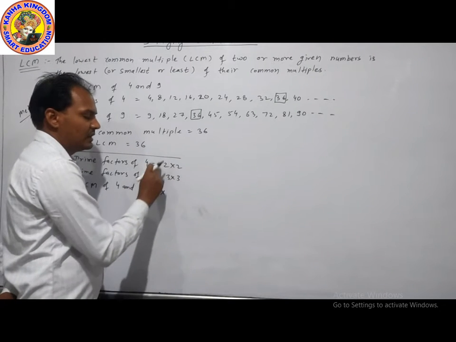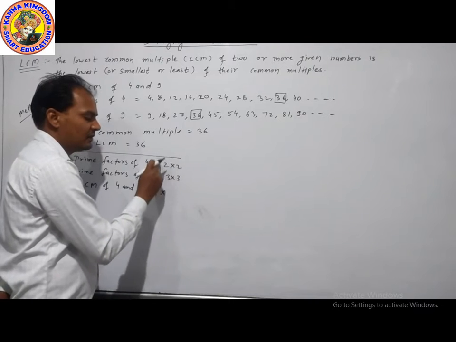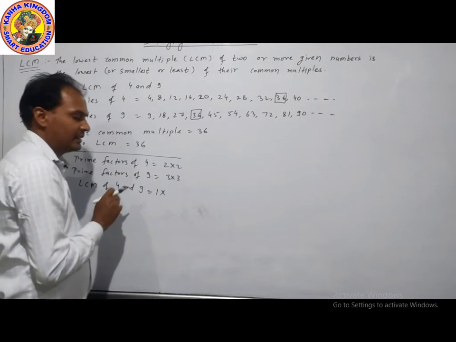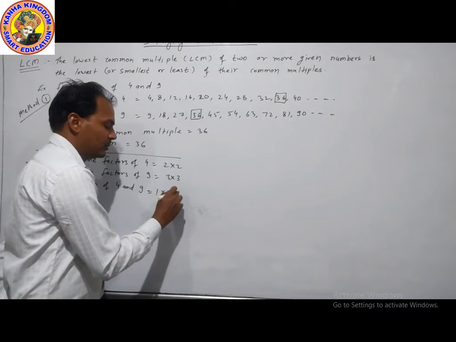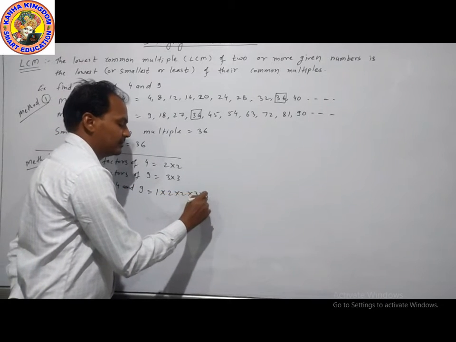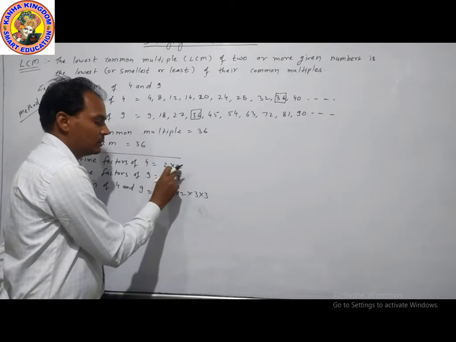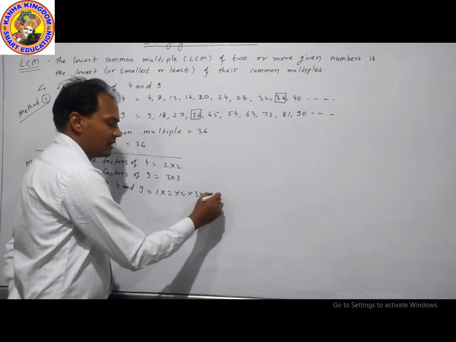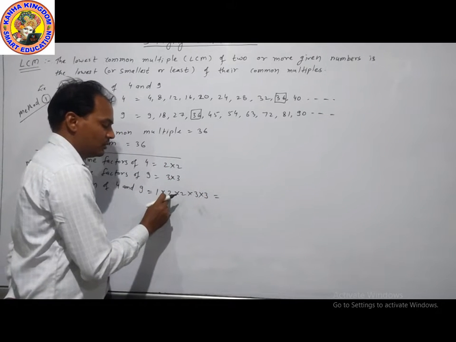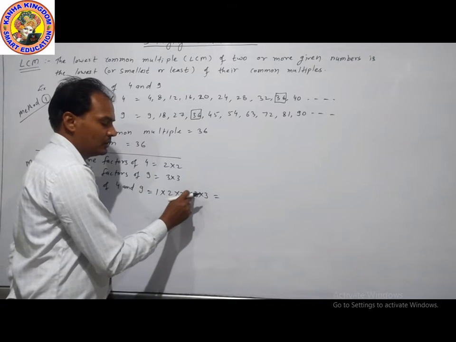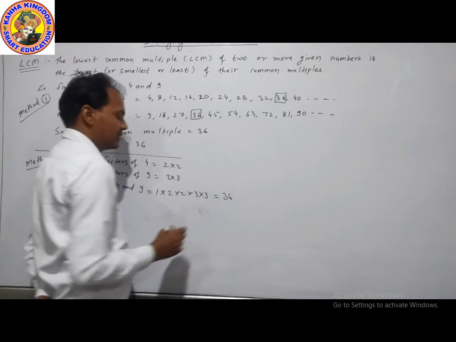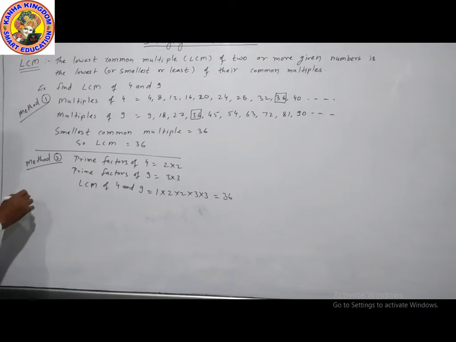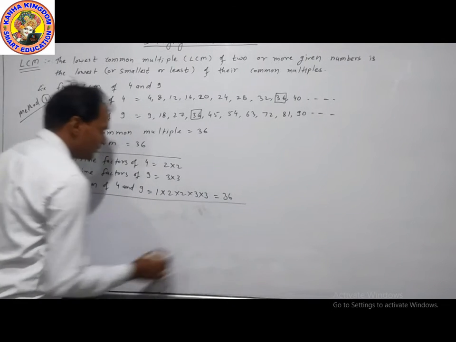Then we take the single factors: 2 into 2 into 3 into 3. Now what is the solution? 2 into 2 is 4, 4 into 3 is 12, 12 into 3 is 36. The LCM is 36.